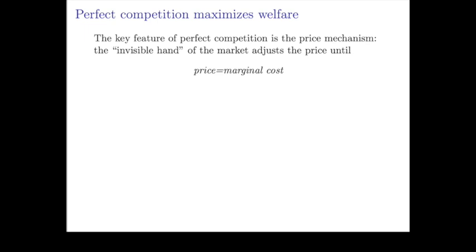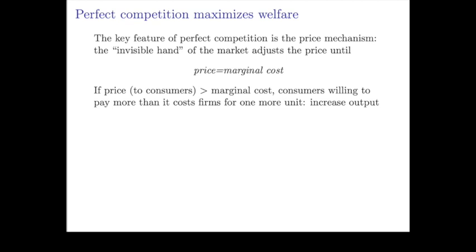So perfect competition maximizes welfare, and this is essentially a key feature of the price mechanism. So the invisible hand of the market adjusts the price just until price equals marginal cost. If the price is higher than the marginal cost, then the consumers are willing to pay more than it costs the firms to produce one more unit.